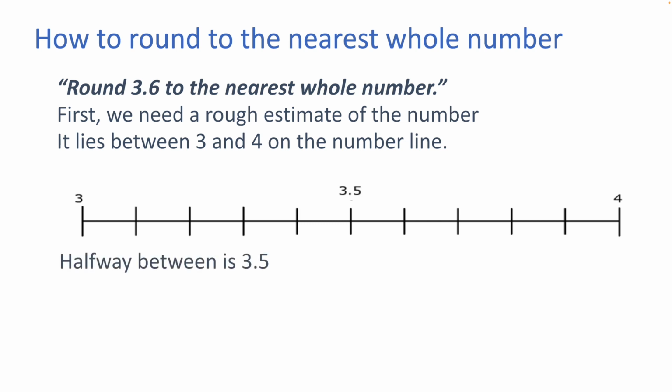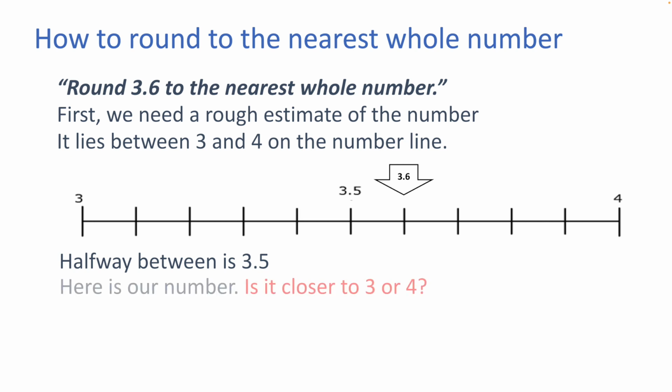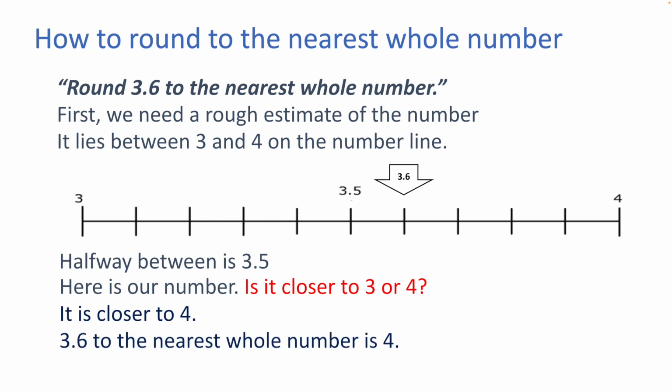That means right in the middle, halfway, is 3.5, which means 3.6 is right here. So if we're rounding 3.6 to the nearest whole number, would it be more accurate for us to say 3 or 4? Is it closer to 3 or 4? In this case, it is closer to 4, so 3.6 to the nearest whole number is 4.